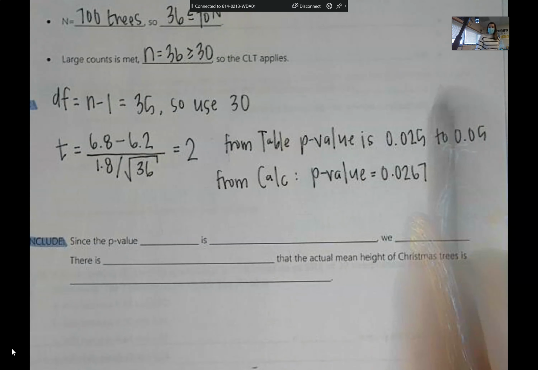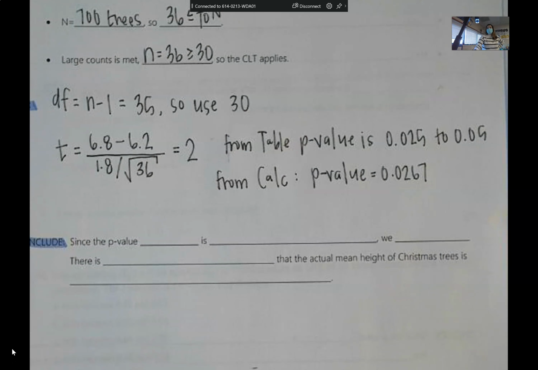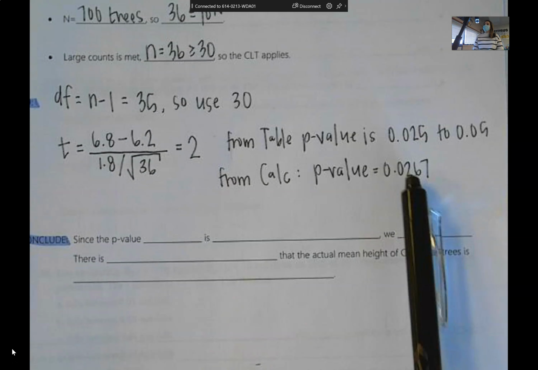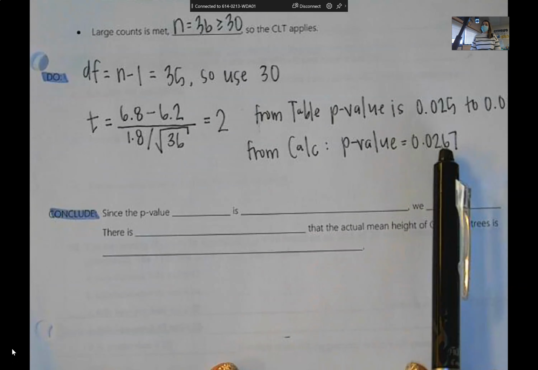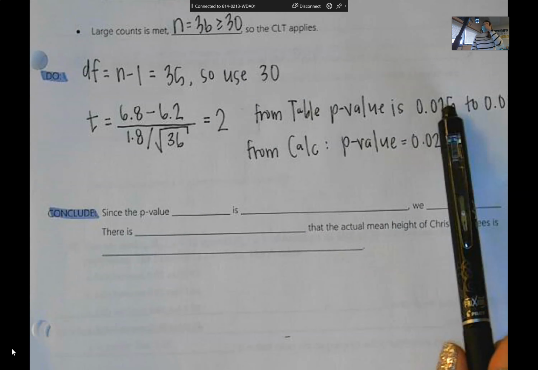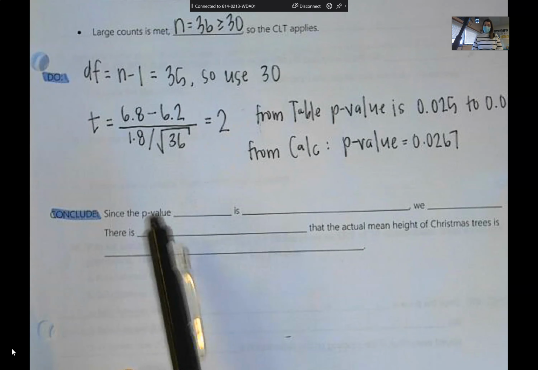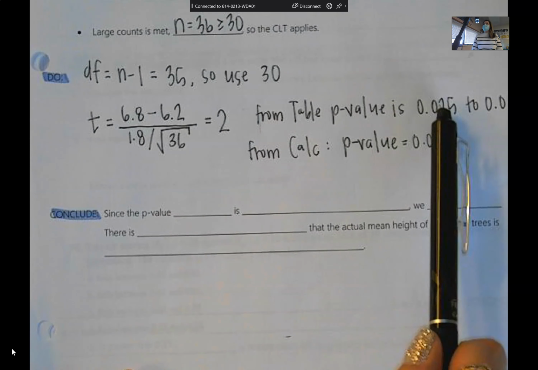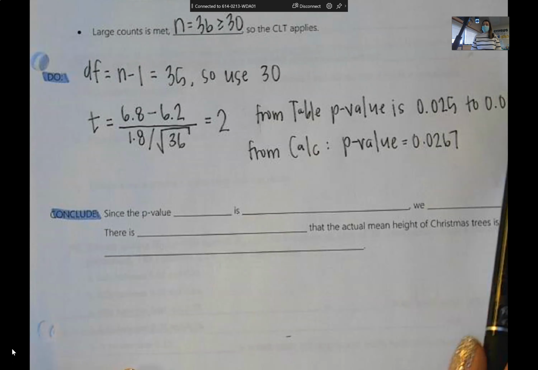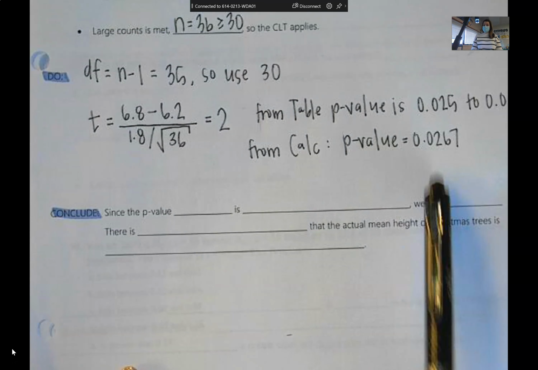So that does fall within the range that our table gives us. So based off of our calculator value, that's what I'm going to use. If you were going to use the range, you would say since the p-value is between 2.5 and 5%, and then finish. But we're going to use the exact value.